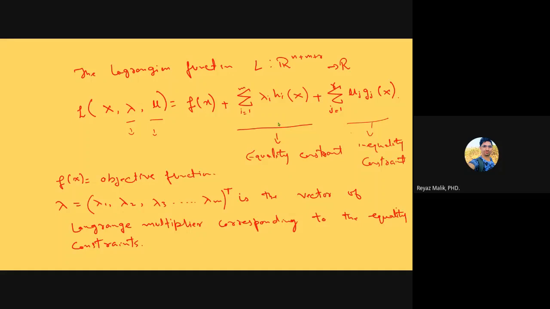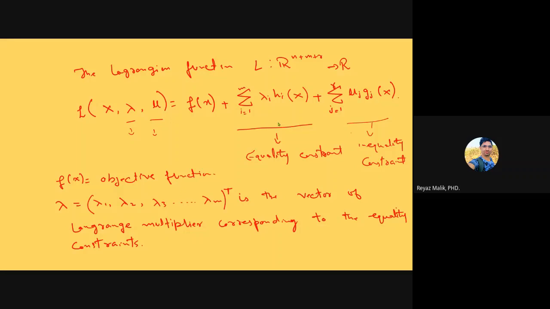When we have both ways of constant function, that is equality and inequality constant functions, that time we will write the combination of all the things together. Objective function plus equality constant plus inequality constant, we will write like this. So this will be the composite function.